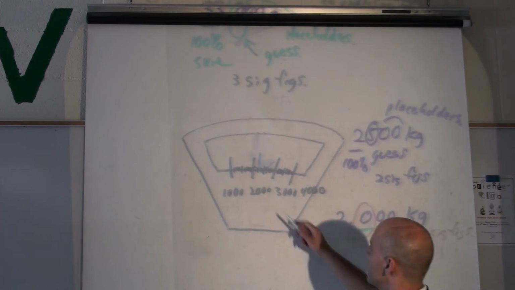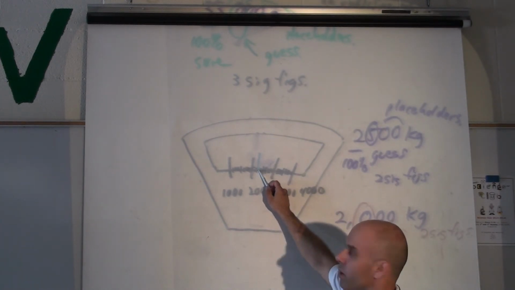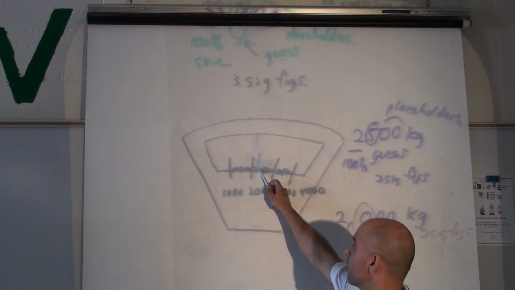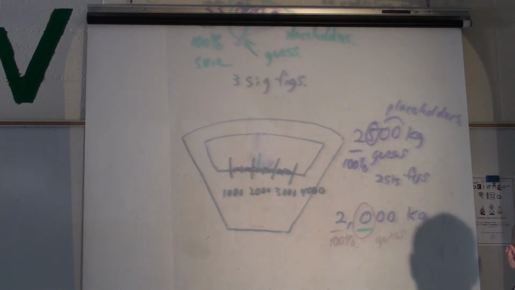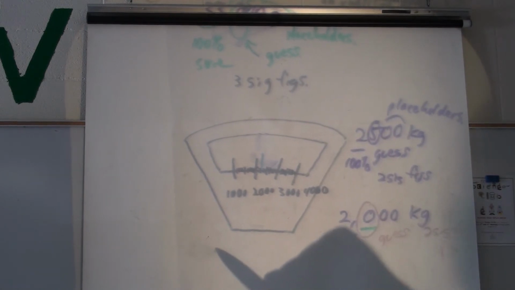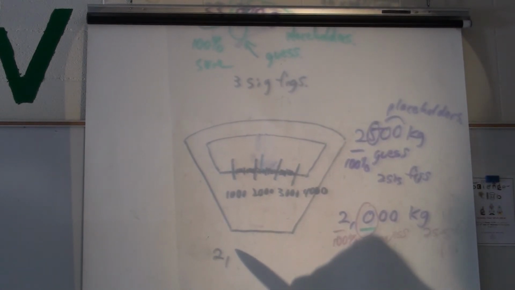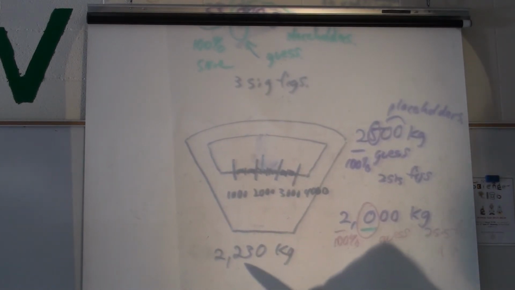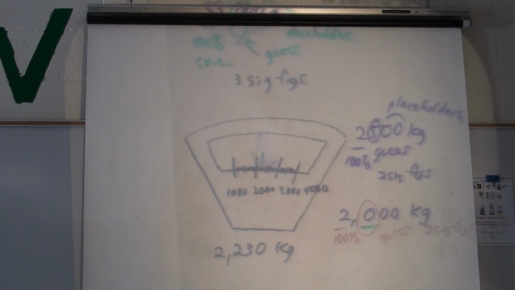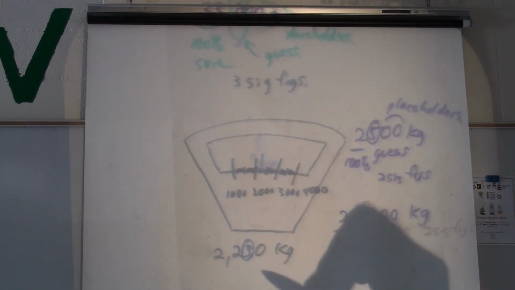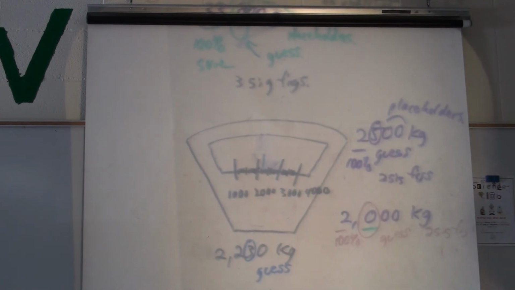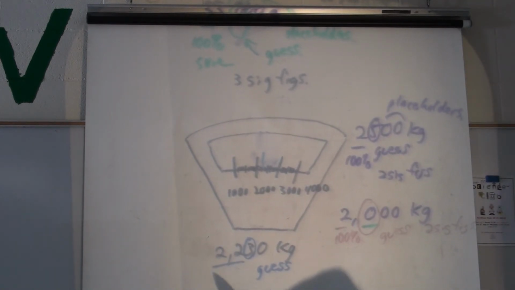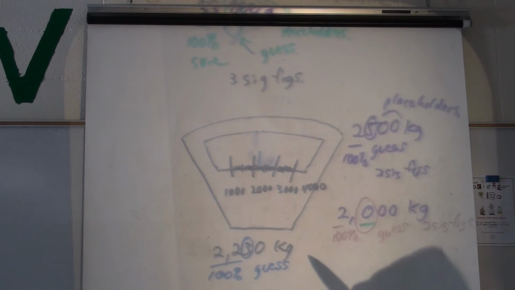I know it's very hard to see, but it's between the 2 and the 3rd hash. So if it was between the 2 and the 3rd hash, I would write 2,200, and then I'd make my guess. So that 3 would be the guess. These 2 numbers we're sure about, and I would have 3 sig figs.